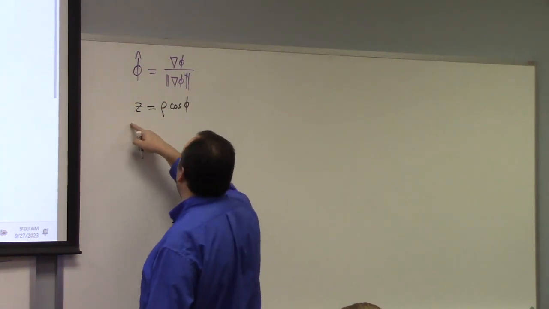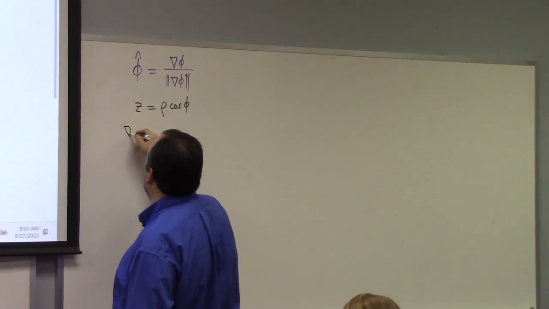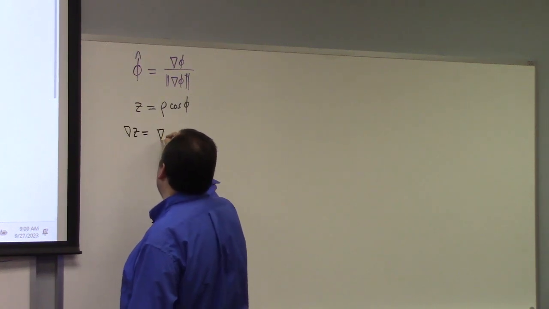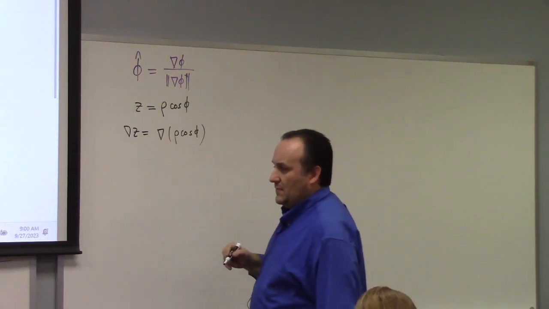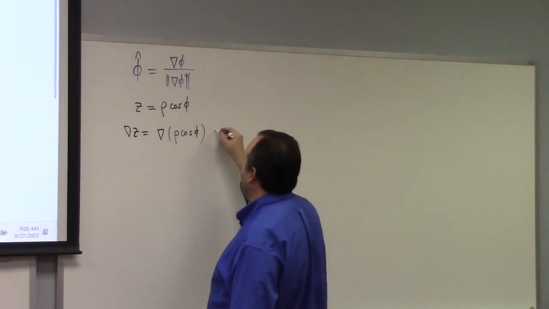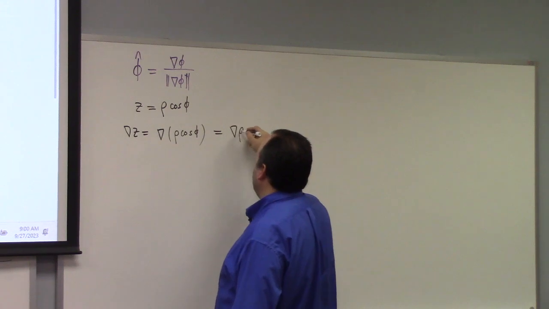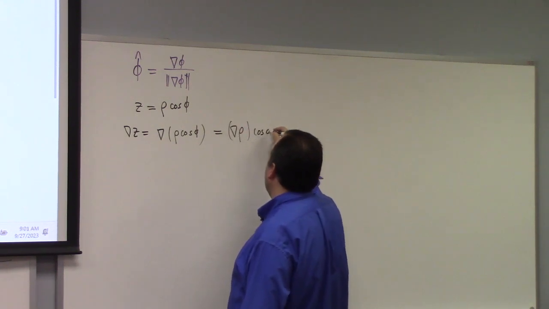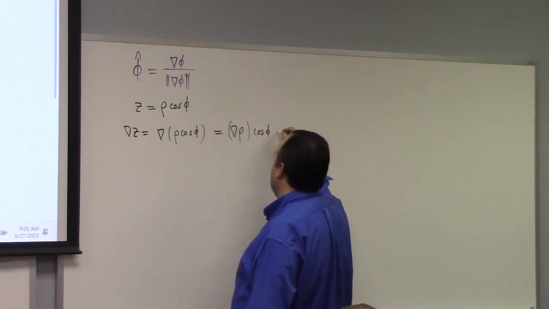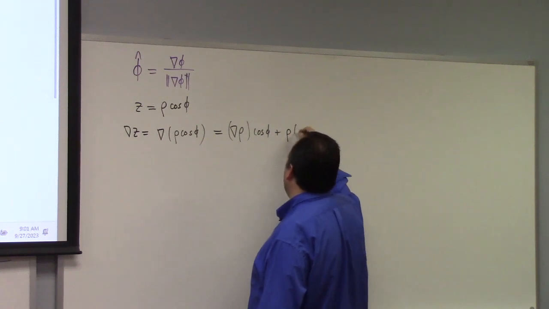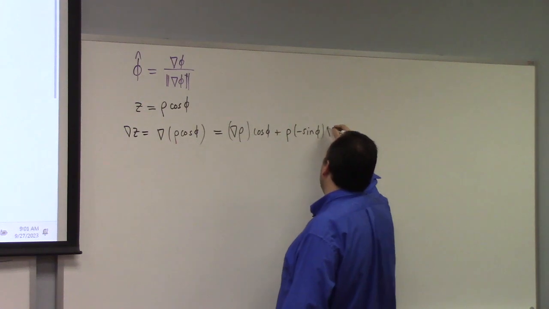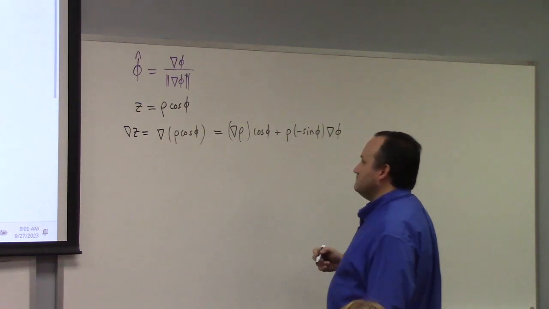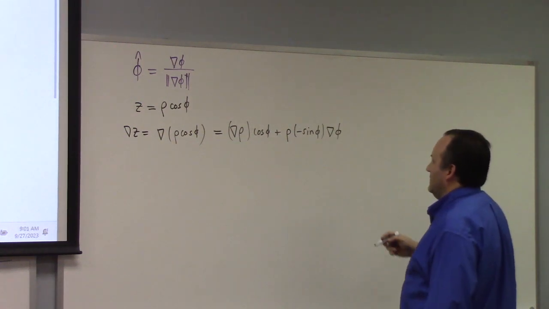We'll take the gradient of this, actually. So the gradient of z is equal to the gradient of rho cosine phi. And the way that works is you get the gradient of rho times cosine phi plus rho times minus sine phi gradient of phi. So there's what I'm after.